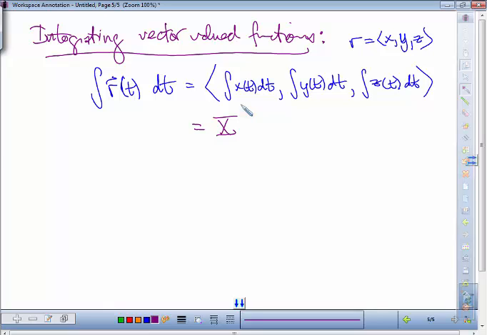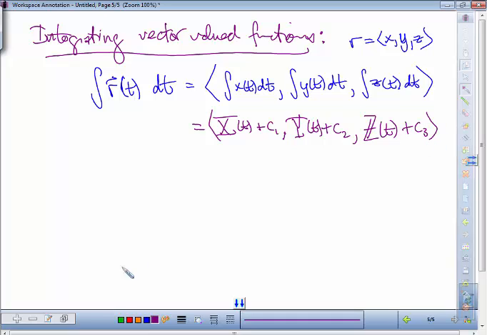The antiderivative of a little f is capital F. So I'll use capital letters: X of t plus c1, Y of t, where capital Y is the antiderivative of little y, plus another constant c2, and then Z of t, the antiderivative of little z, plus c3.